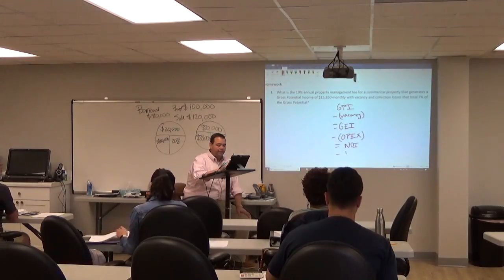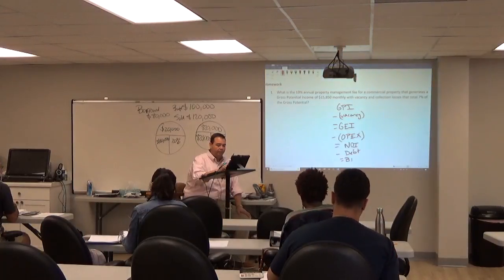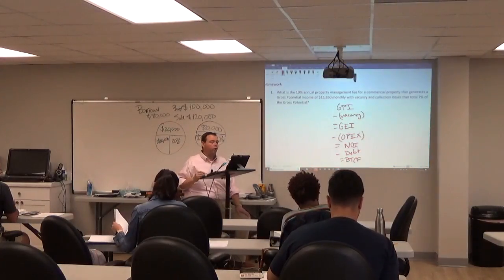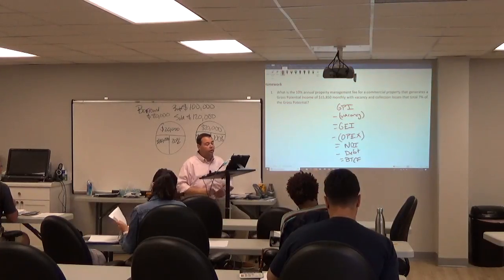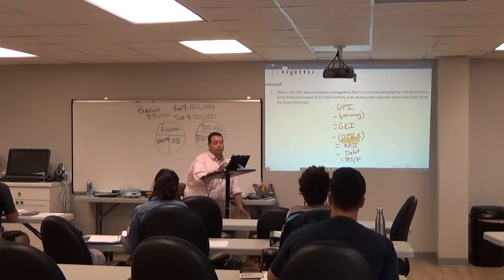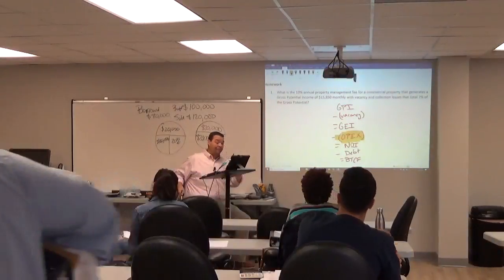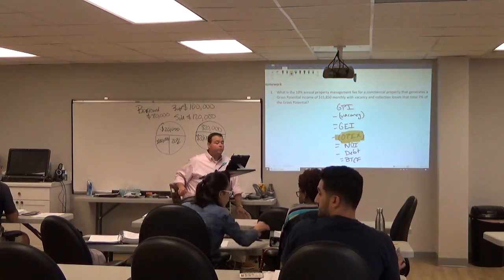And then that minus debt equals before tax cash flow, right? Okay? So, they want to know what's the property management fee. So, the property management fee is going to be right in here on this operating expense level. Does that make sense for everybody? So, we need whatever it takes to get down to that level because that's where we're headed.